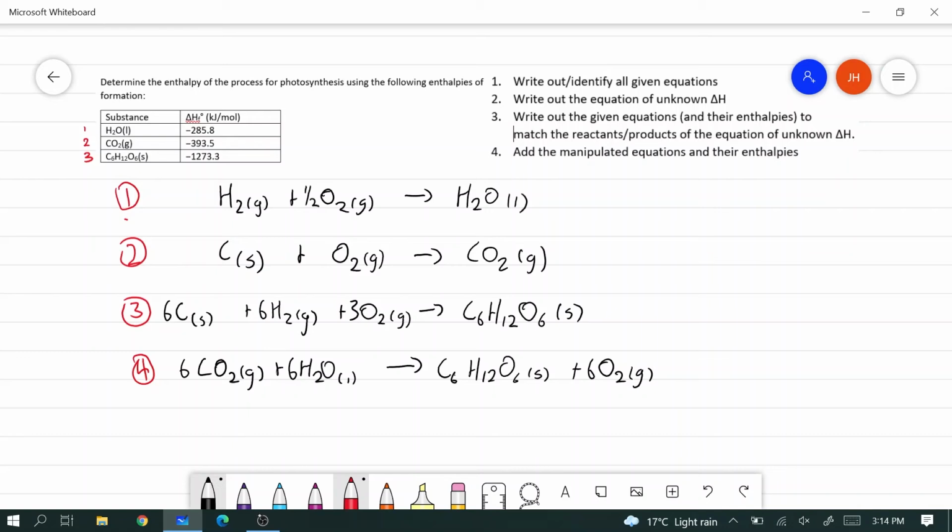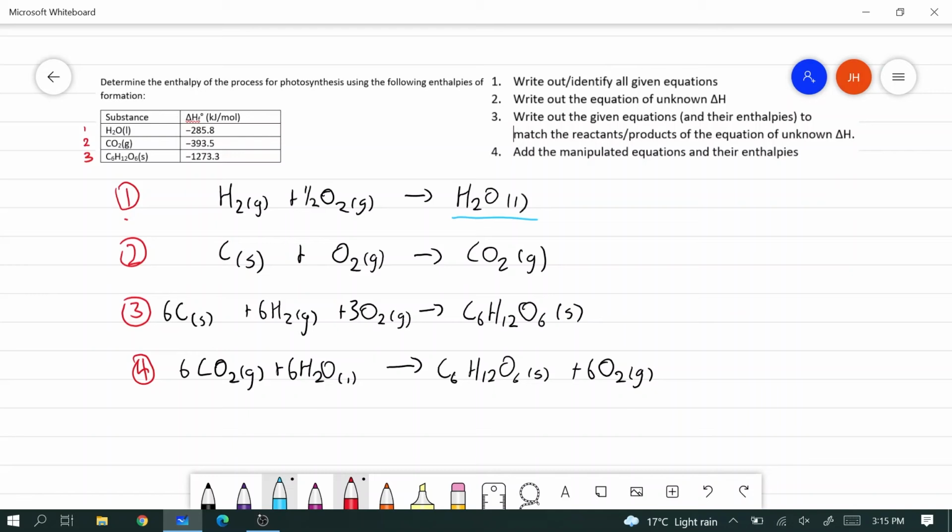Now what we need to do for this next part, now that we've written out the equation of unknown enthalpy, is to rewrite all of the equations of formation so that all of the relevant compounds are on the correct reactant or product side, and also to make sure that our ratios are matching, our stoichiometry is matching. So what we're going to be looking at first is the formation of water.